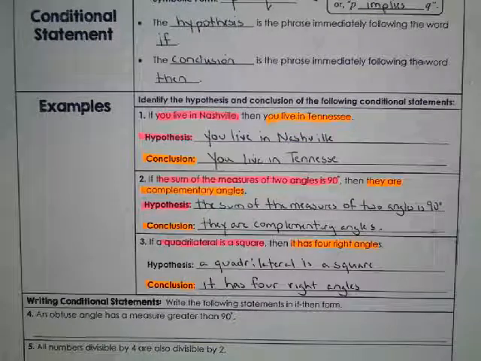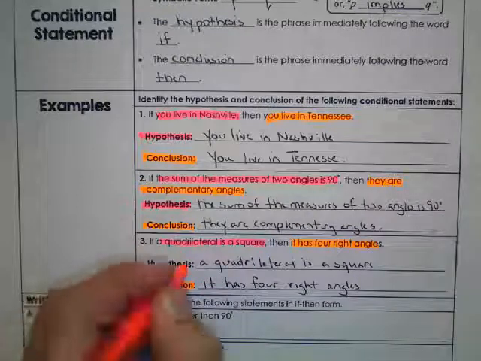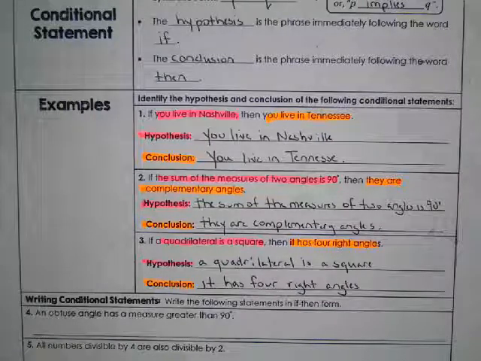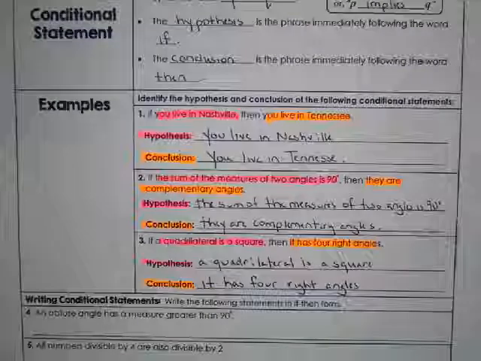Hopefully you highlighted quadrilateral is a square as the hypothesis, and the conclusion is then it has 4 right angles. Identifying the hypothesis and conclusion is very important, because if you don't have a conditional statement written in if-then form, sometimes you need to write that yourself so that it will make sense.